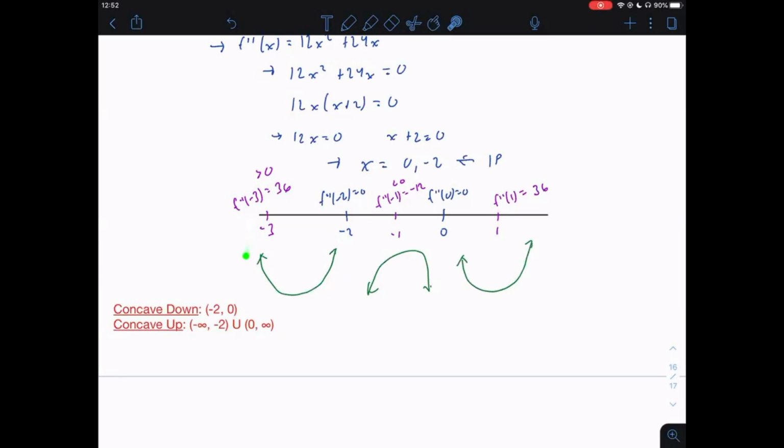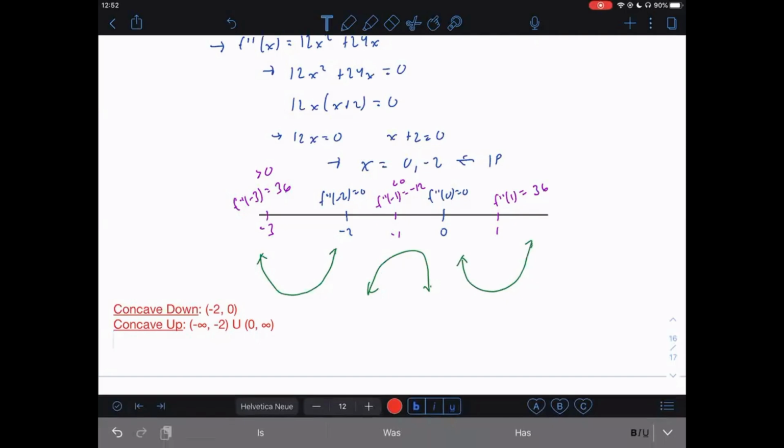And since we have a change in the concavity and the curvature of the function along these two points, then -2 and 0 are both true inflection points. So we have 2 inflection points here.